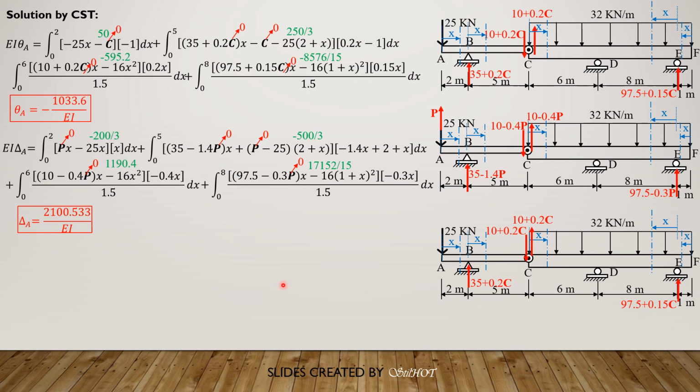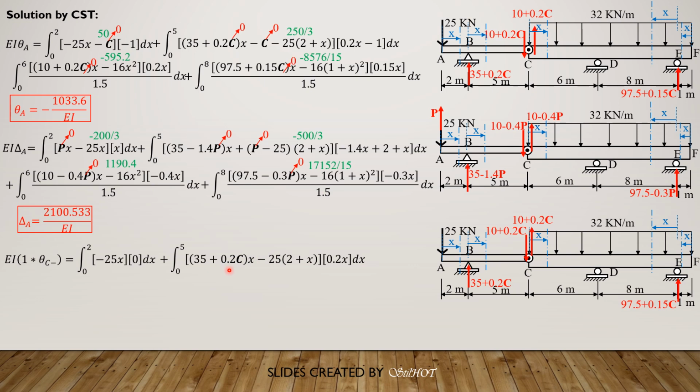In the first section there is no C, so it is 0. Let's proceed to the second integral. EI1 times theta C just to the left equals the integral from 0 to 2 of negative 25x times the derivative of negative 25x with respect to couple C, which is 0. Then plus the integral from 0 to 5 of 35 plus 0.2C times x minus 25 times 2 plus x.